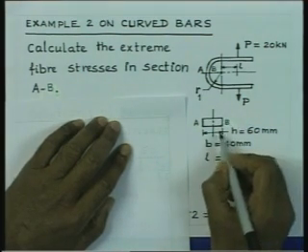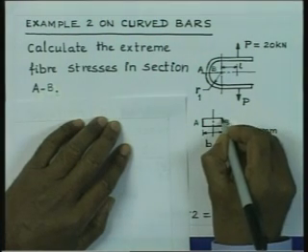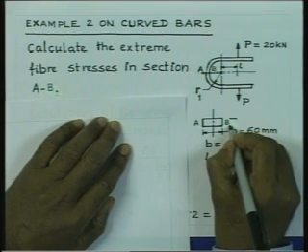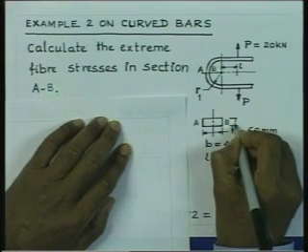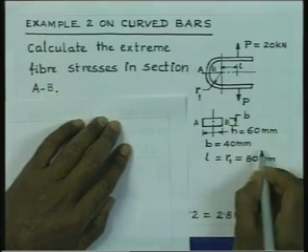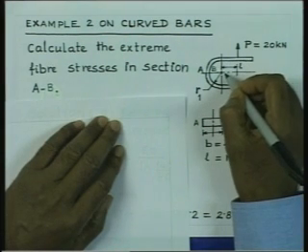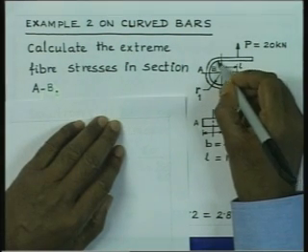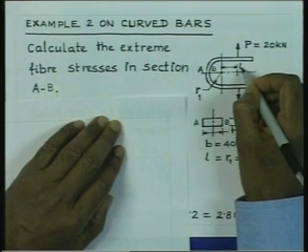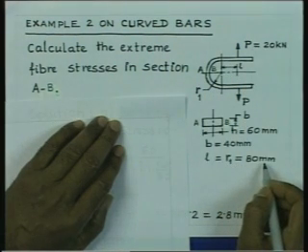It has height equal to 60 millimeter and this width B is equal to 40 millimeter. The frame is loaded like this. The center of curvature of this segment is R1 and the distance L is given as 80 millimeter.